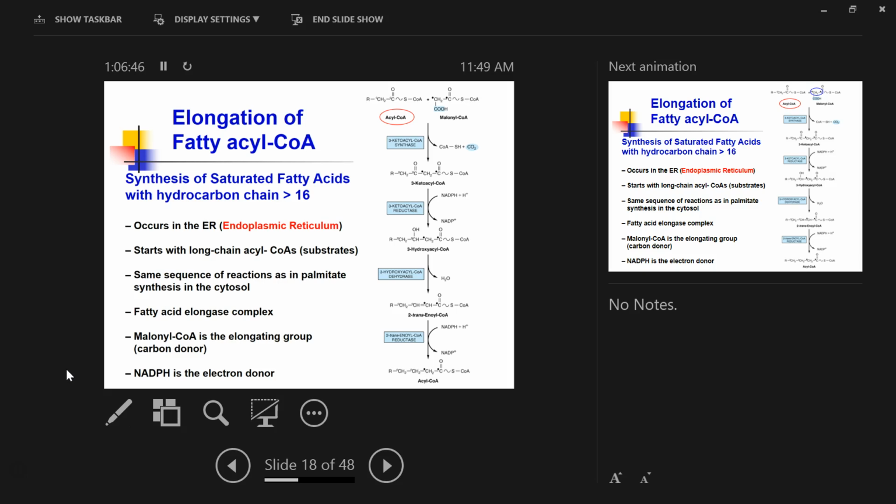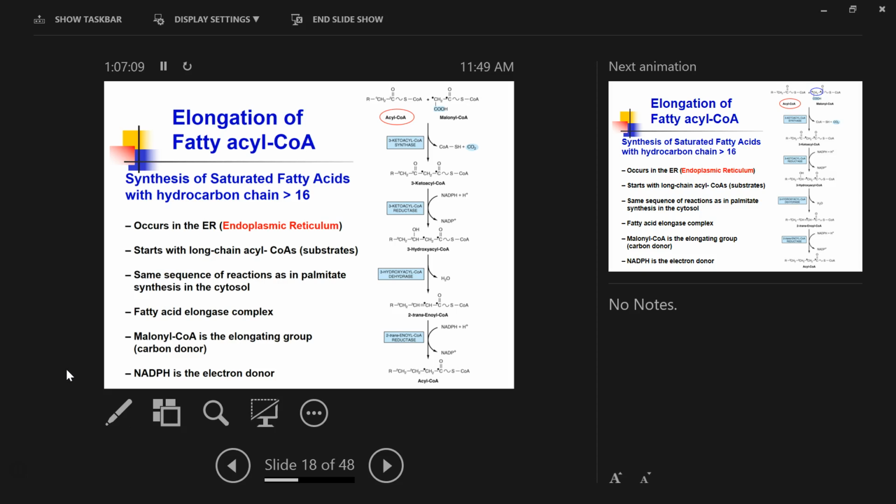And proton donor: NADPH, right? And the sources of NADPH, 3 sources: the pentose phosphate pathway, malic enzyme and isocitrate dehydrogenase.